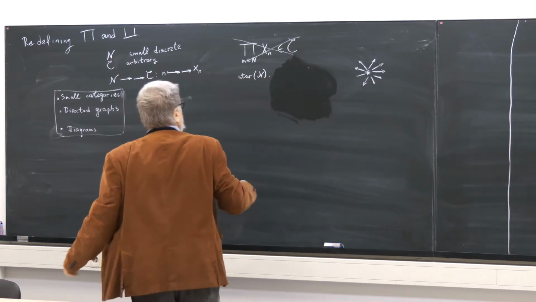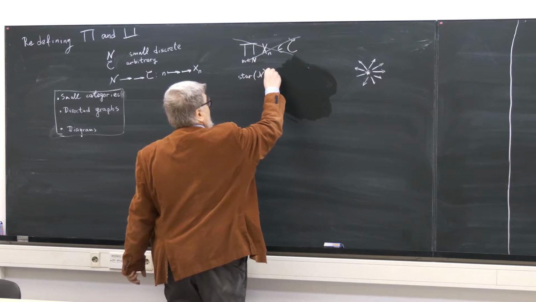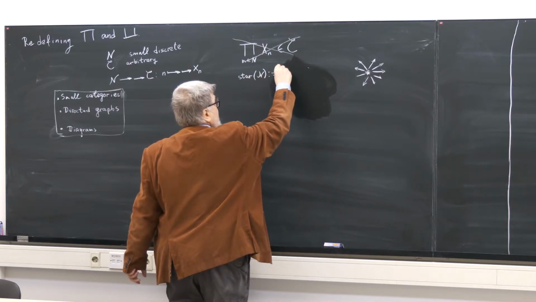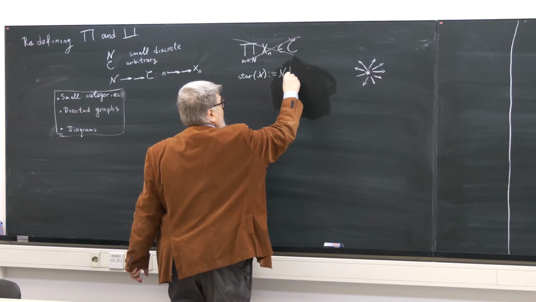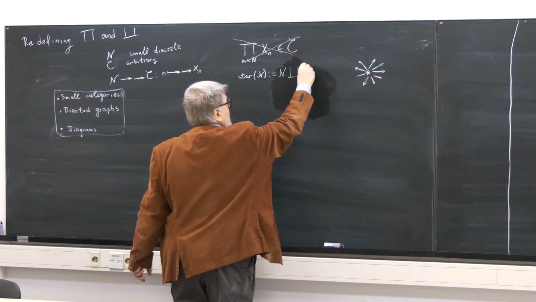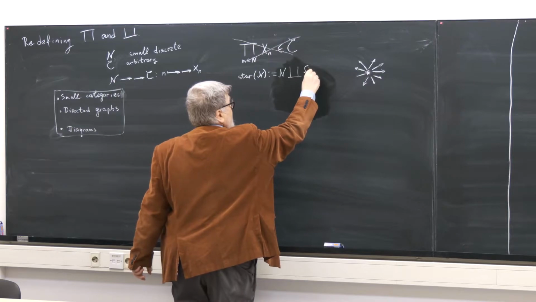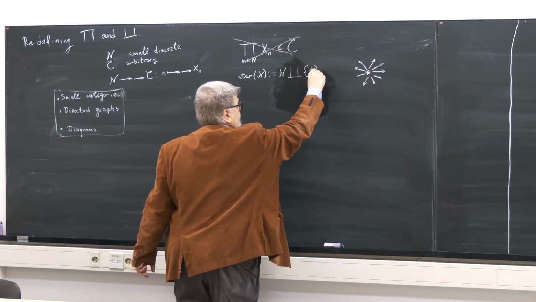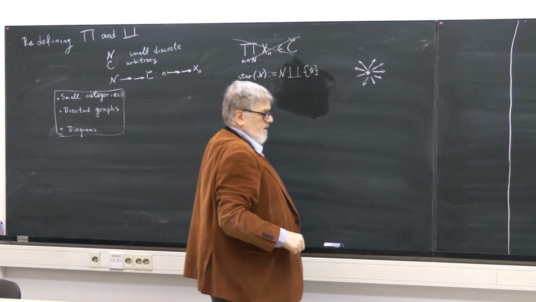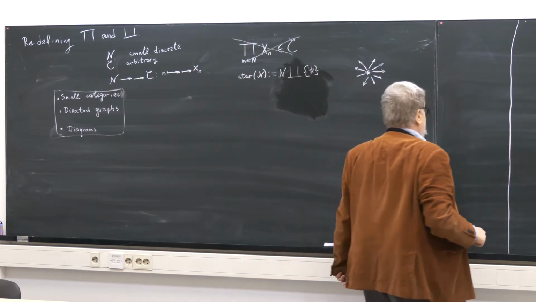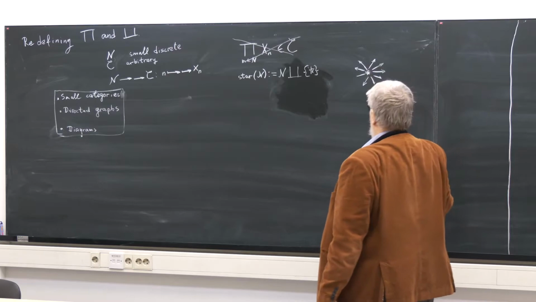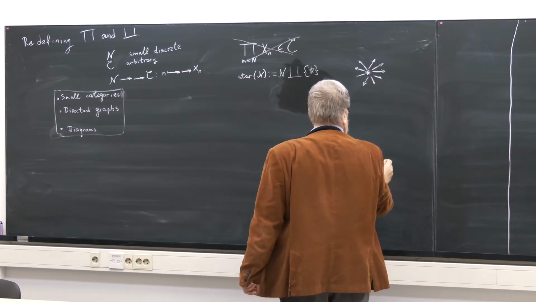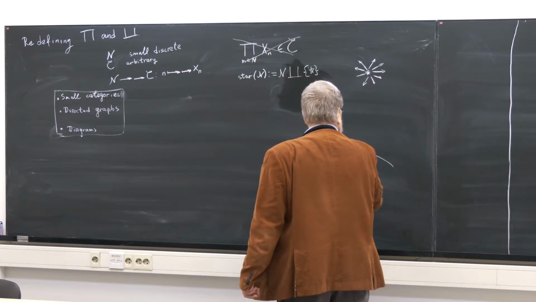Now let's define the star of N formally, where N is a small category, that is a set. It is a set, and we can add to it a one-element set, and perhaps draw it like this. Now something new is going to happen.